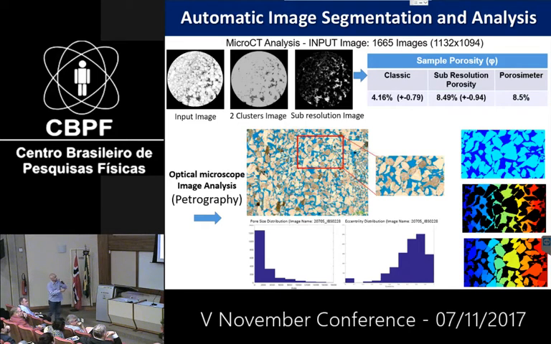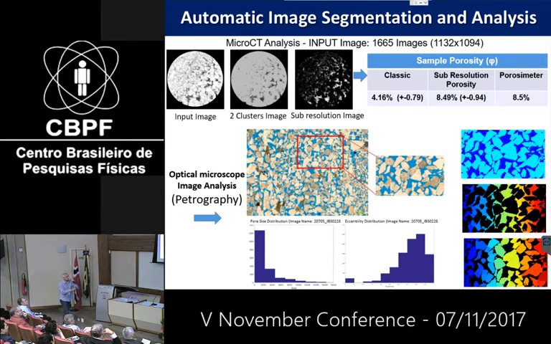This porosity, around 4.2 percent, is the porosity of the original image after segmentation. If you introduce the sub-resolution porosity, you can obtain 8.5% porosity in the complete image.